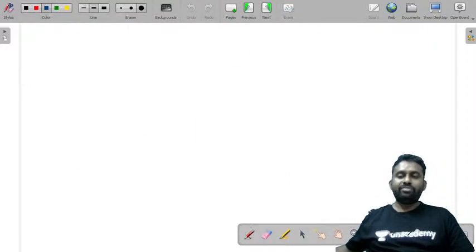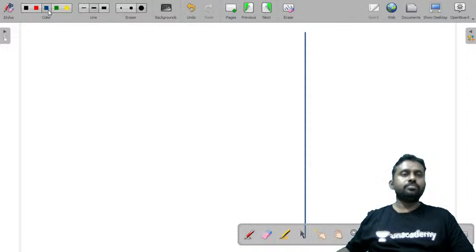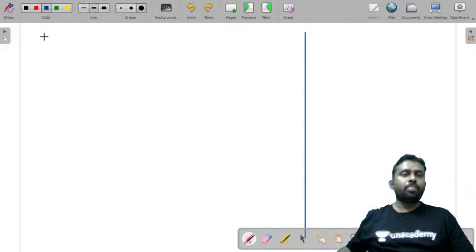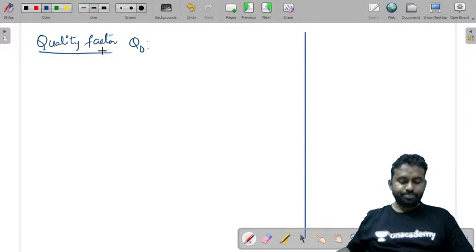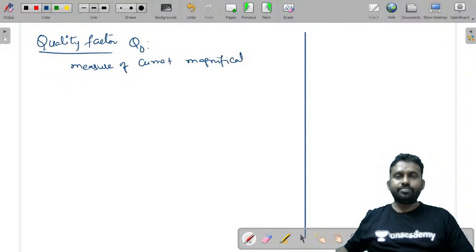Let us write the quality factor. So the quality factor Q naught is the measure of current magnification. It is the measure of the current magnification in the parallel resonance circuit.